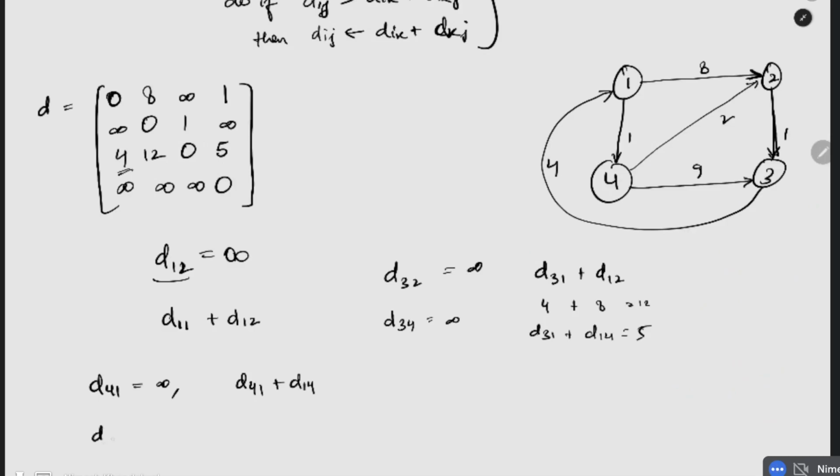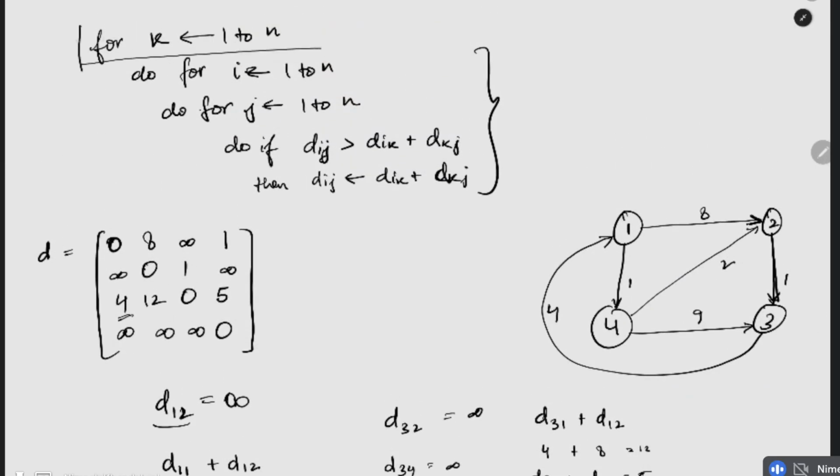And then d42 also is infinity, but d41 plus d12. d41 right now is infinity, and d12 doesn't matter, it's 8, but it will still be infinity.